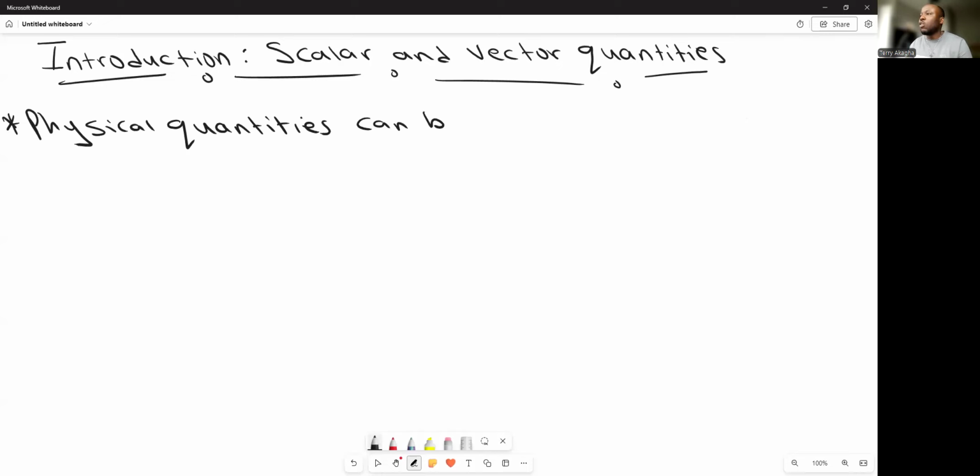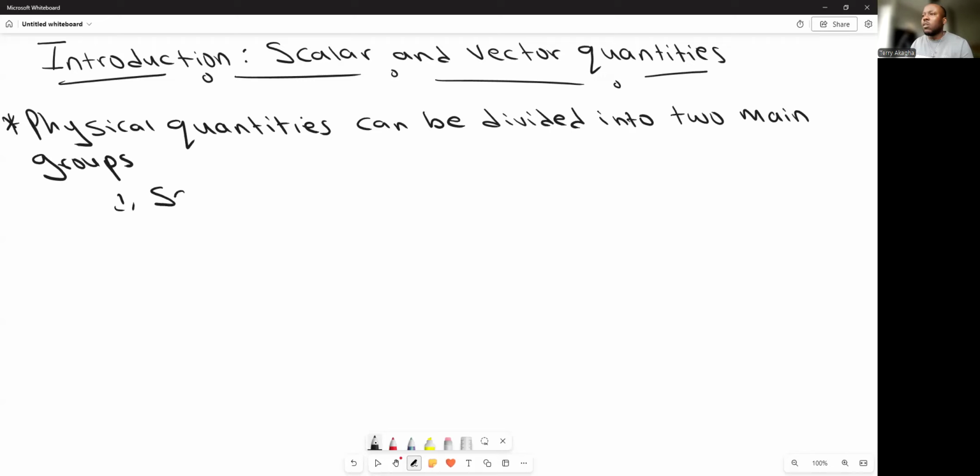can be divided into two main groups. Number one, we have the scalar quantities, and number two, we have the vector quantity.